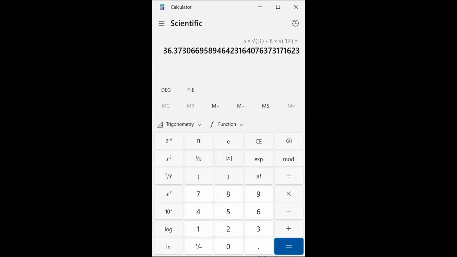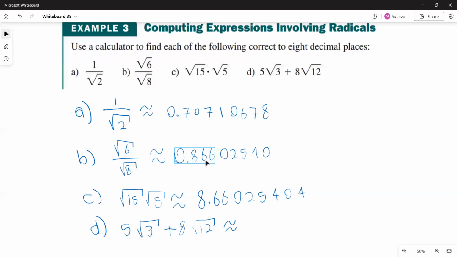And to 8 decimals, this is approximately 36.37306696.